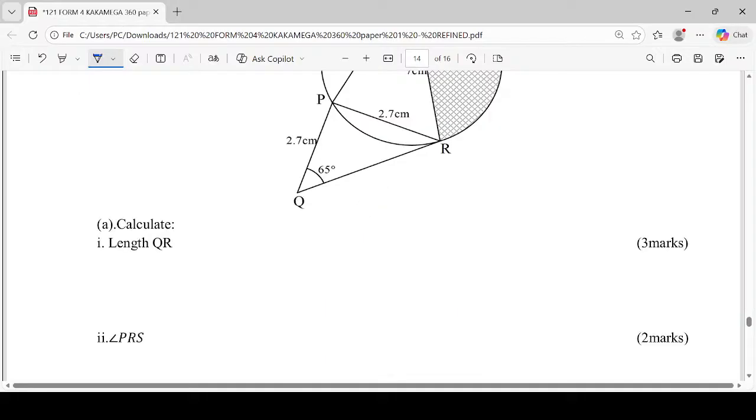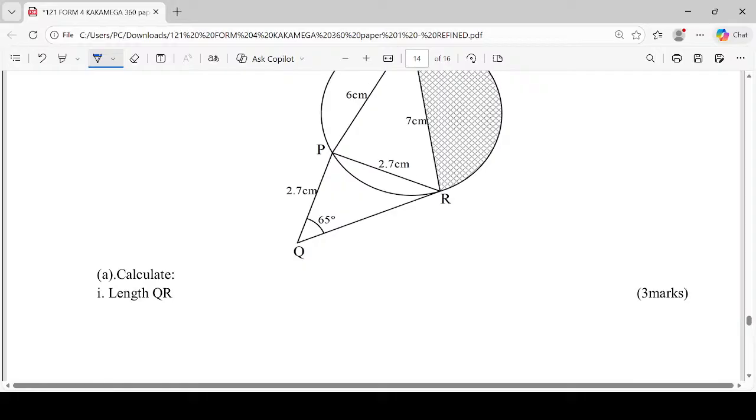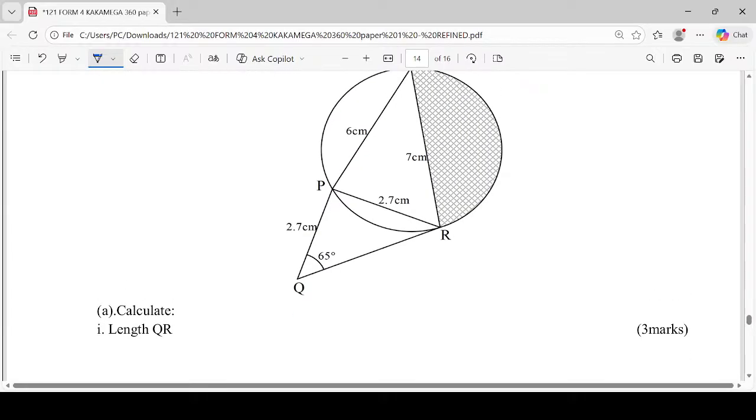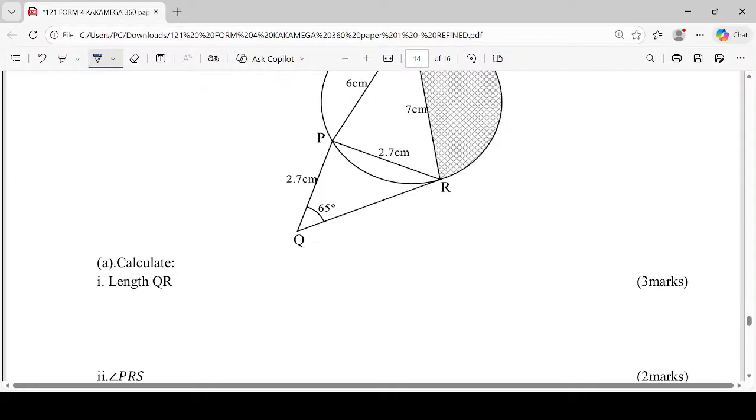Calculate, Roman 1, the length QR. Let's see. The length QR, that's very simple. When they talk about QR, you can use the sine rule, not Pythagoras. Let me draw it here.